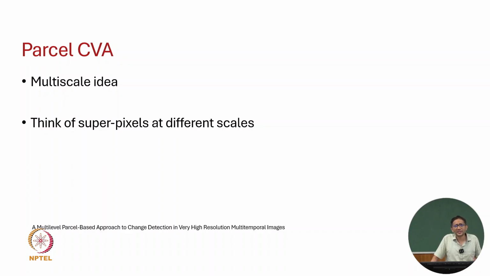Indeed, multi-scale information is a very important aspect in image analysis. So with this, we'll stop here. From the next lecture, or from the next week, we'll slowly start moving towards deep learning, CNN based architectures. Thank you.